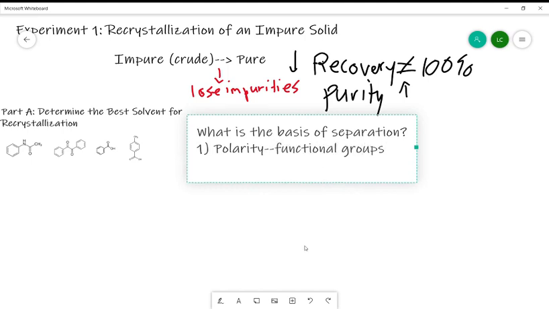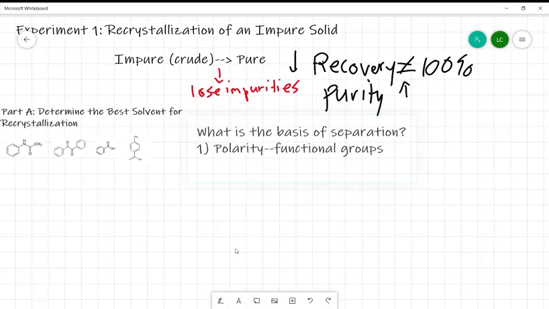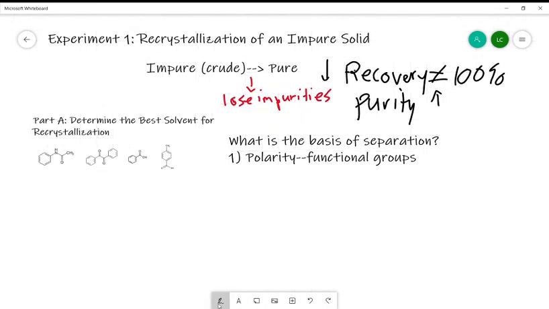Here you can see the benzene, the aromatic rings. You can see this is a carboxylic acid, and p-toluic acid will be a little less polar than benzoic acid because it has an extra methyl group. Benzil has 2 carbonyls, which are ketones.